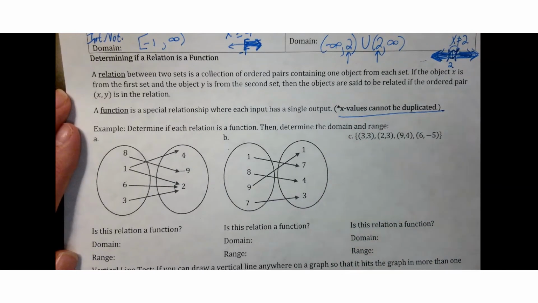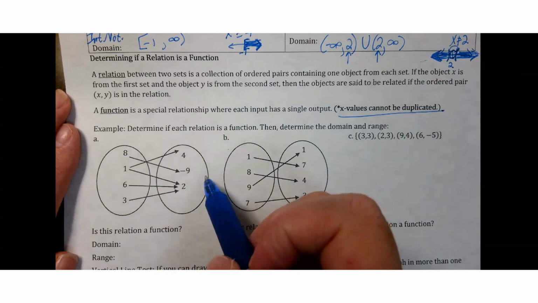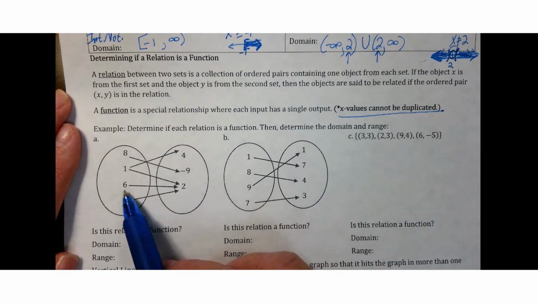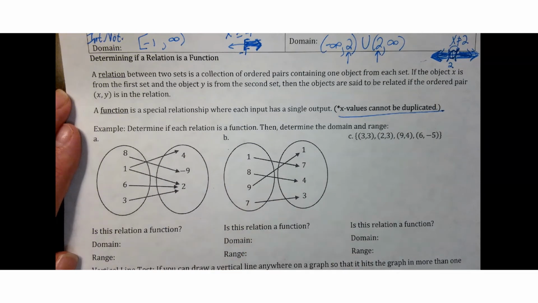So basically, it's a relationship between the numbers. It's like, hey, 8's going to relate to -9, 1's going to relate to 4, 1's going to relate to 2, 6 to 2, 3 to 2. Okay? And what we're trying to determine in this type of problem is if this relationship that we have drawn here is a function.